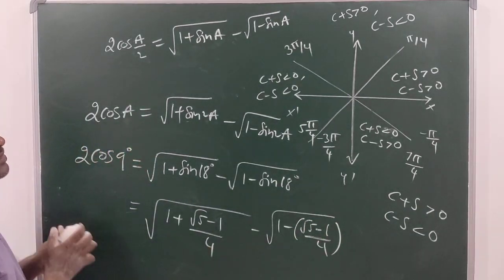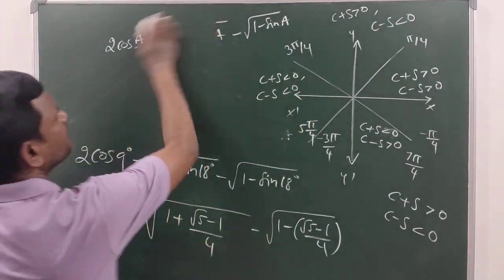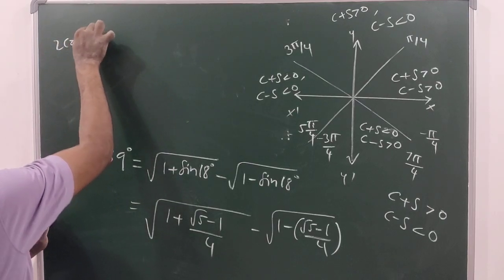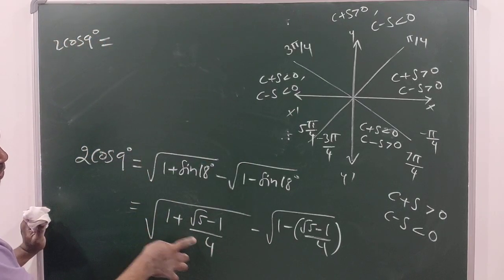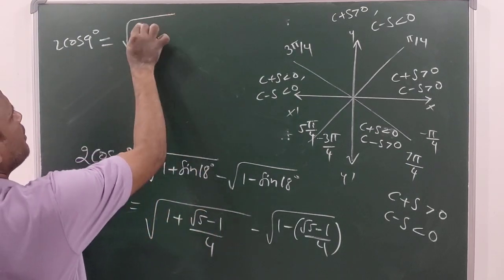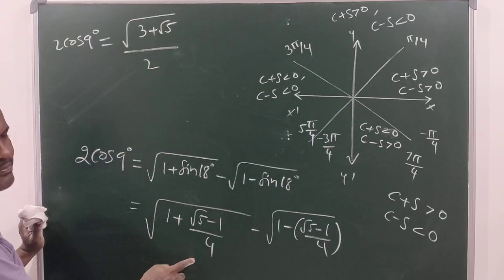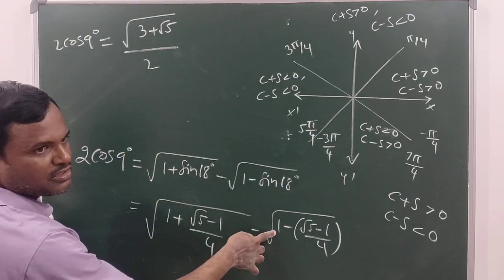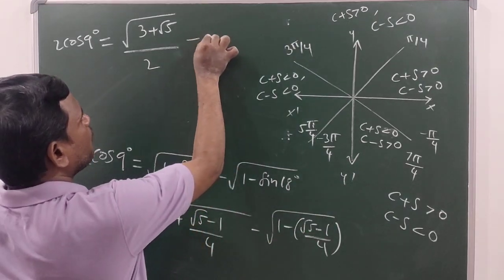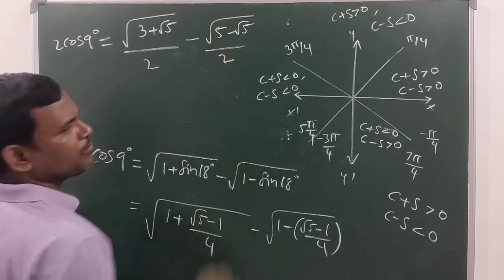If you simplify, 2 cos 9 degrees equals square root of, cross multiplying, 4 minus 1, 3 plus root 5 by 2, minus square root of 5 minus root 5 by 2.